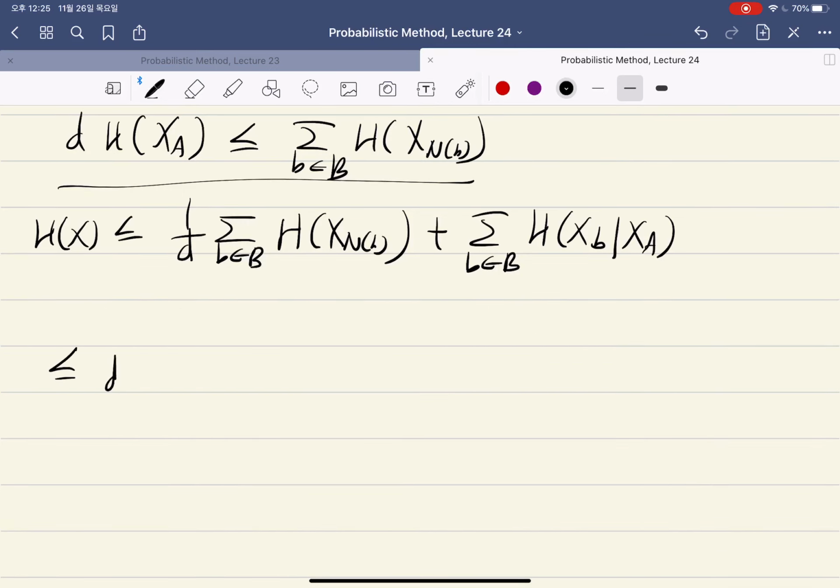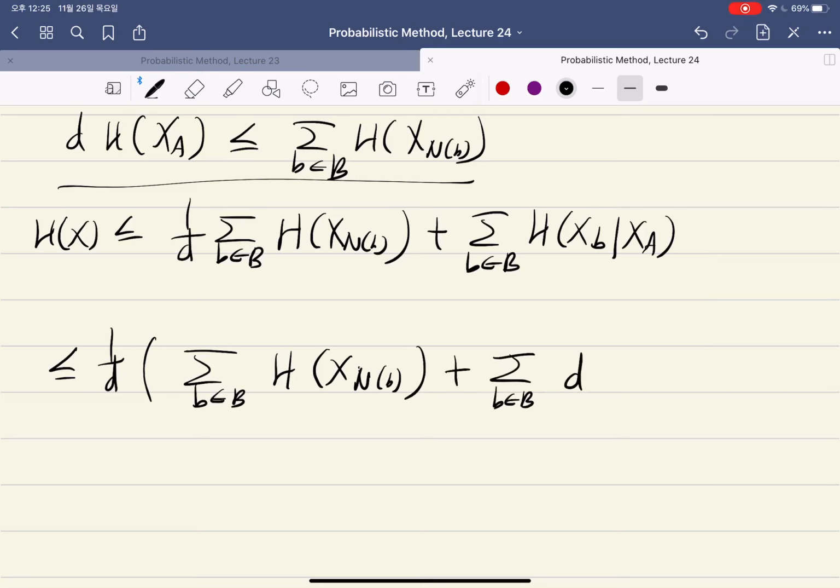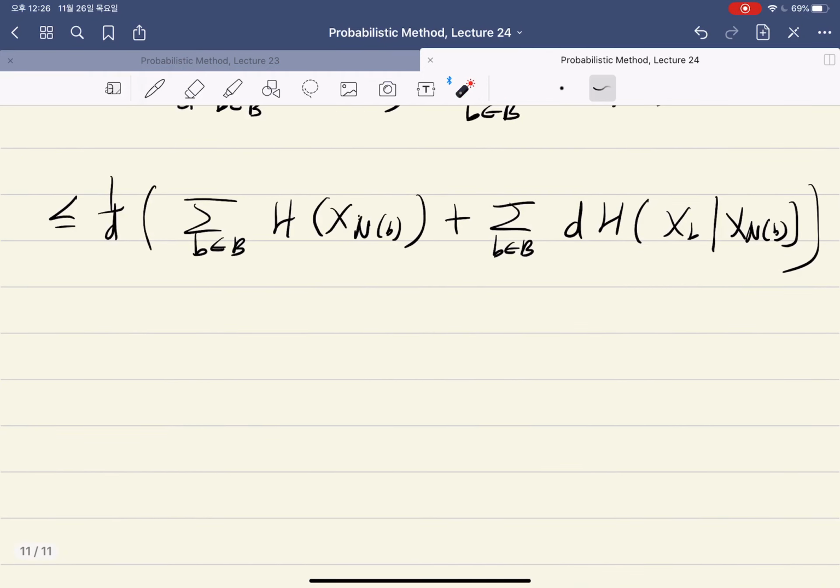So let's write it this way: 1 over D, the summation over B of H(X_B), plus the summation over B of H(X_B | X_A). So now what we want to do is this D times entropy of X_B, assuming its neighborhood.